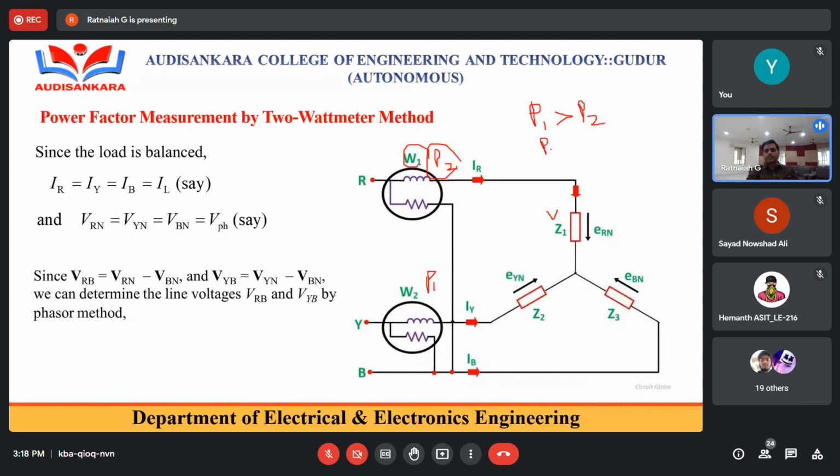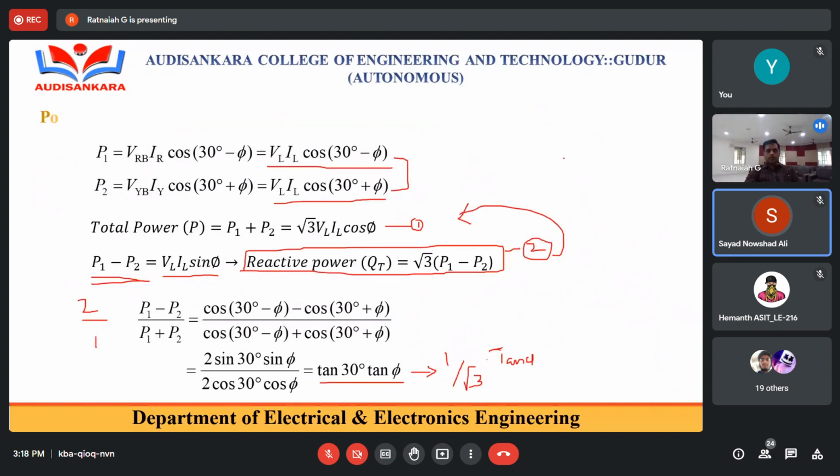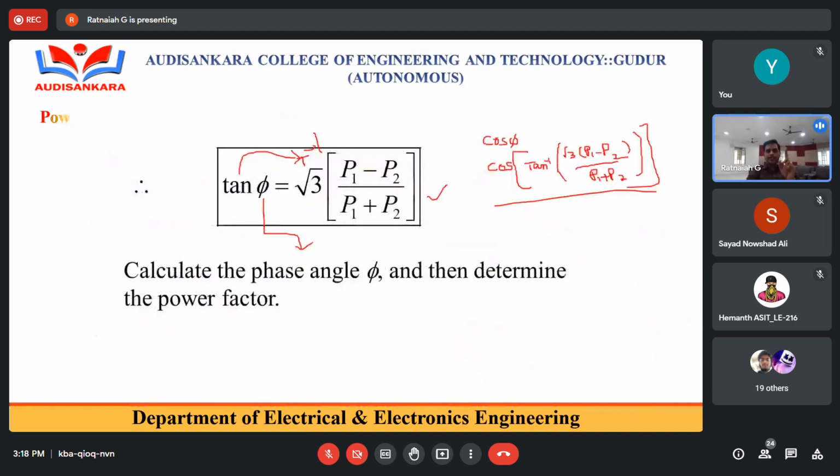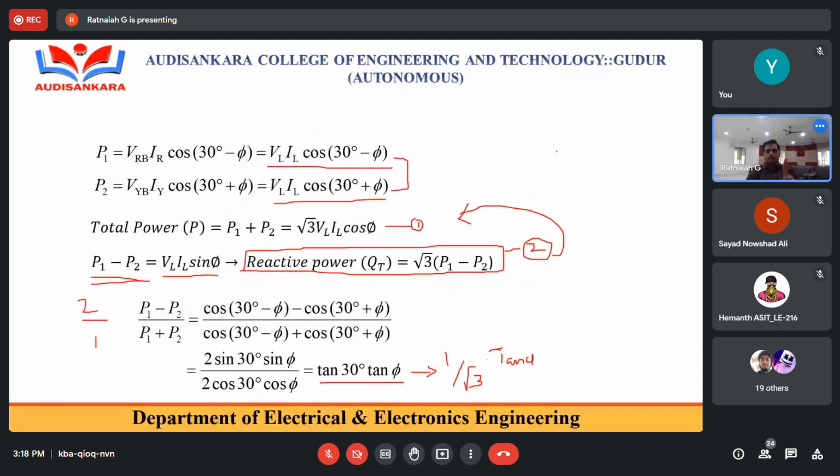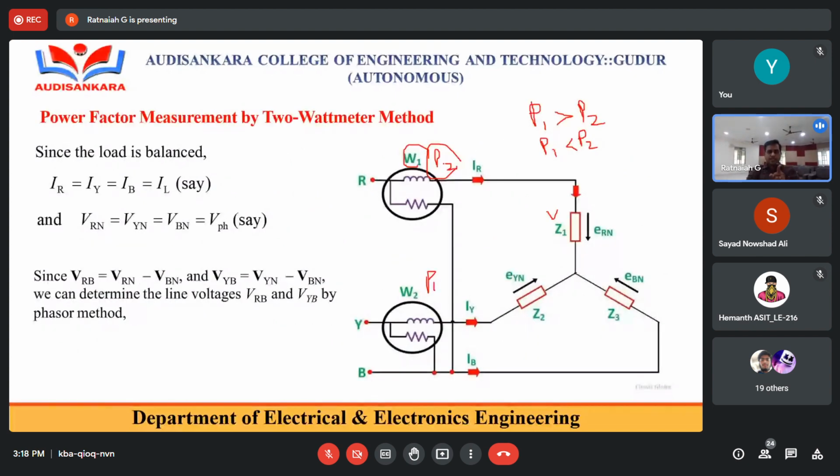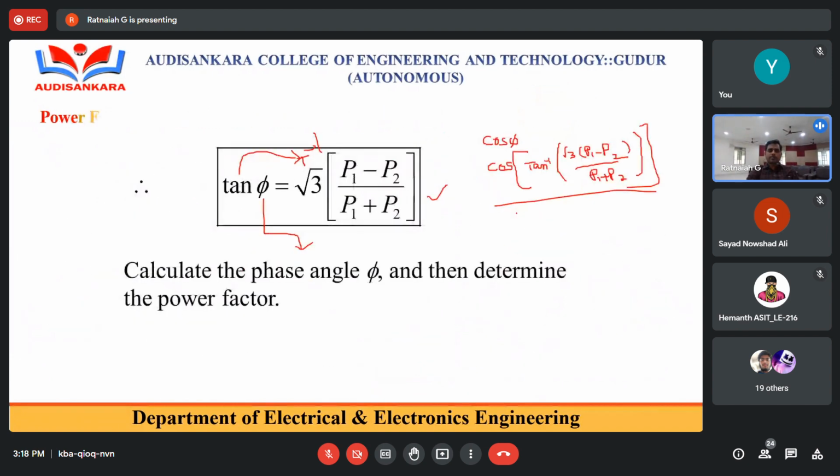If P1 is less than P2, it is a capacitive load. If P1 is equal to P2, then we can call it a resistive load, as per our discussion. But if we connect this as P2 and P1, the conclusion will be different. Automatically P1, P2 can be changed. So you can understand that at the time of problems.